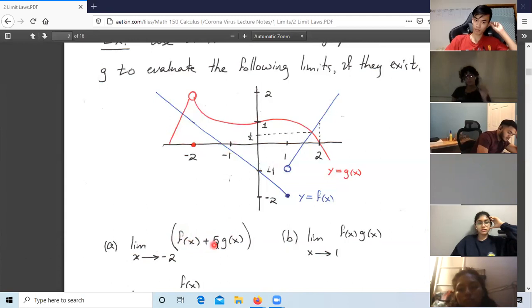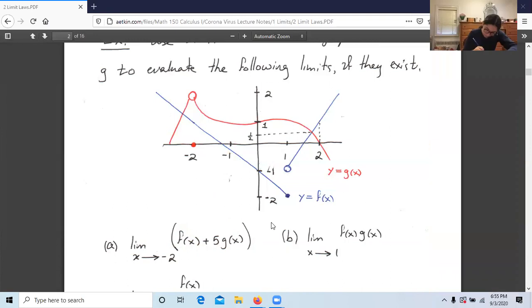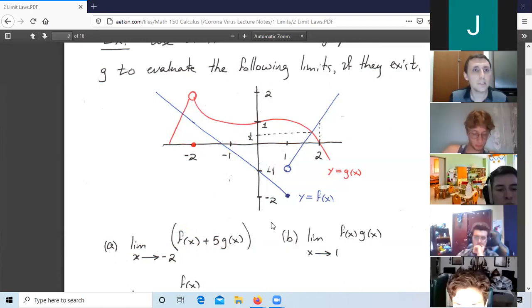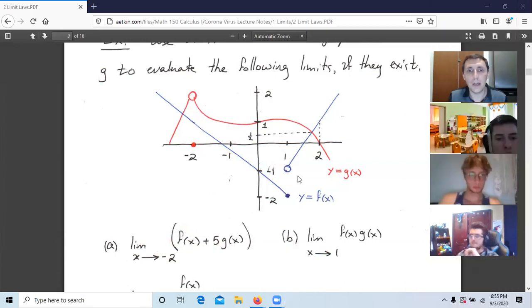So we have 1 plus 5 times 2, which is 11, correct? You're with me, guys? Not confused yet, correct? Are you able to follow what we're saying? Wonderful. So this is 11. Now tell me what is the next limit, if it exists or not.